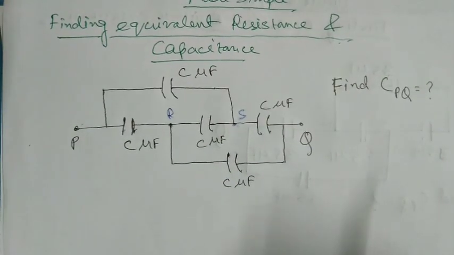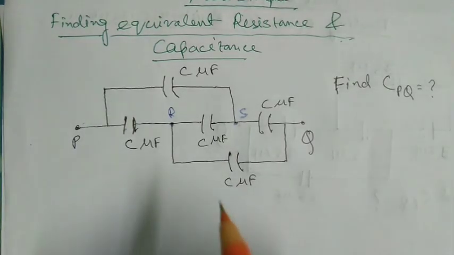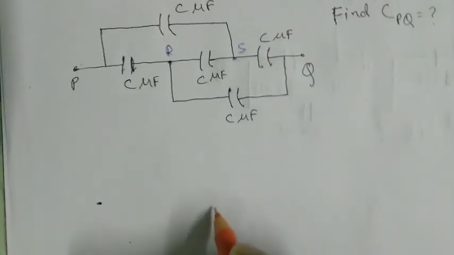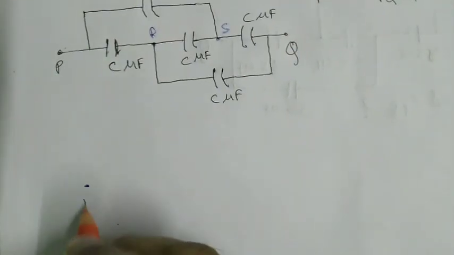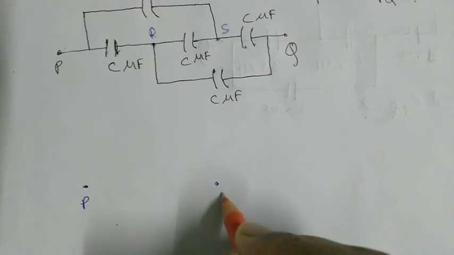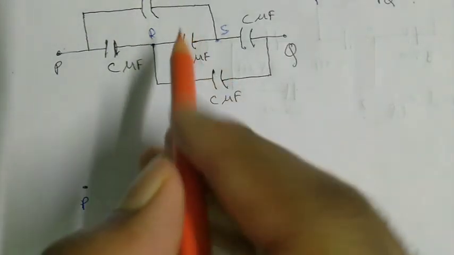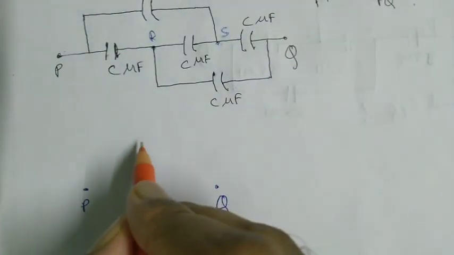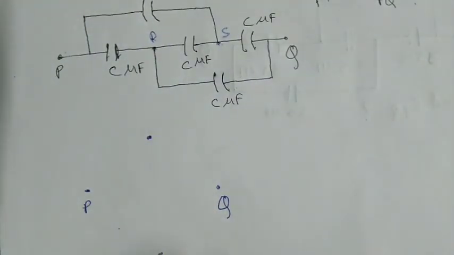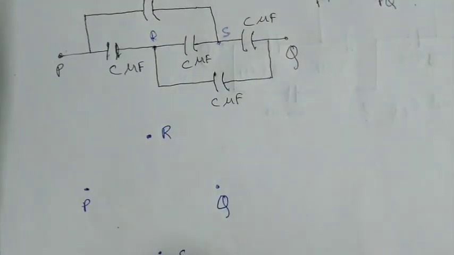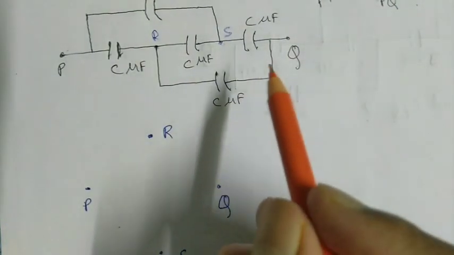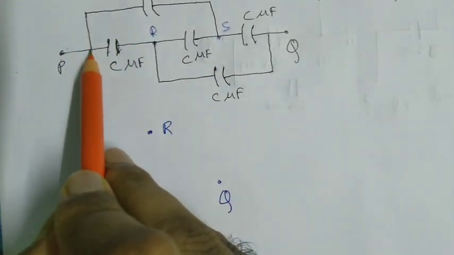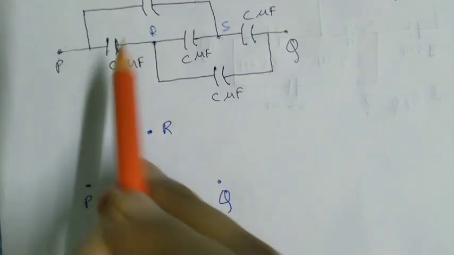So now, how to solve this? Put those 2 nodes P and Q here, P here, Q here, and there are 2 more nodes here, R and S. Put them here, R and S. Now, between P and R, there is one capacitance.